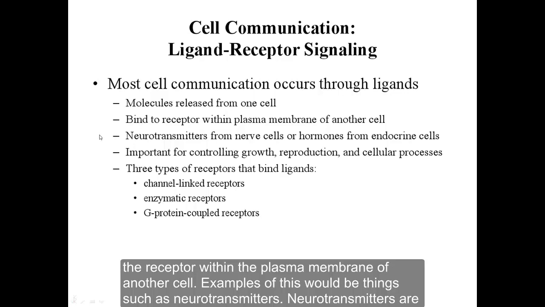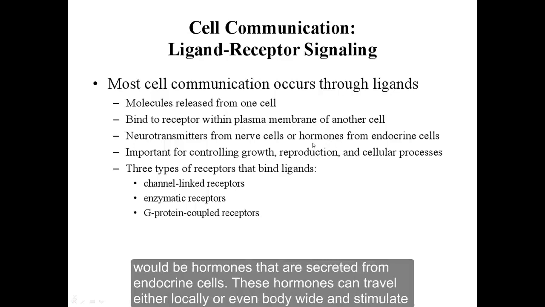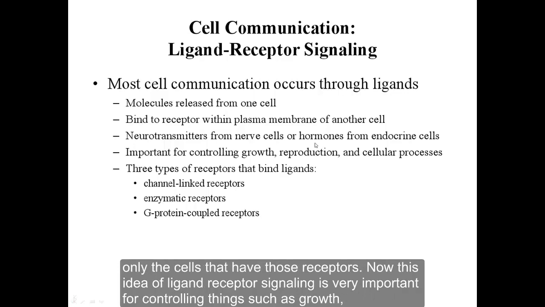Neurotransmitters are released from nerve cells, and they can then cross and stimulate the receptors on the plasma membrane of another cell. Another example would be hormones that are secreted from endocrine cells. These hormones can travel either locally or even body-wide and stimulate only the cells that have those receptors.